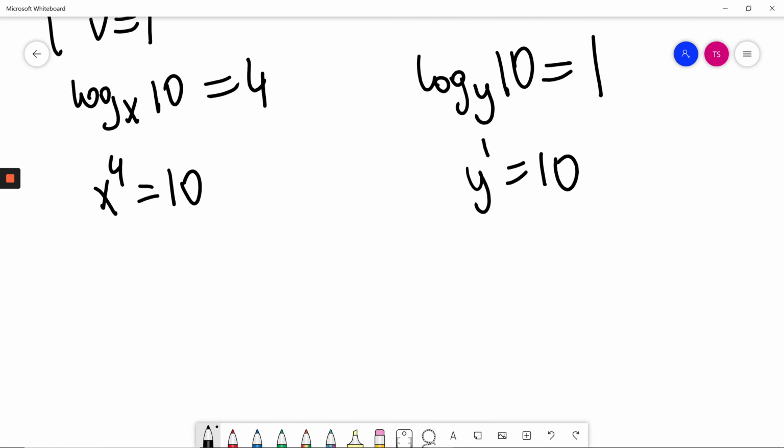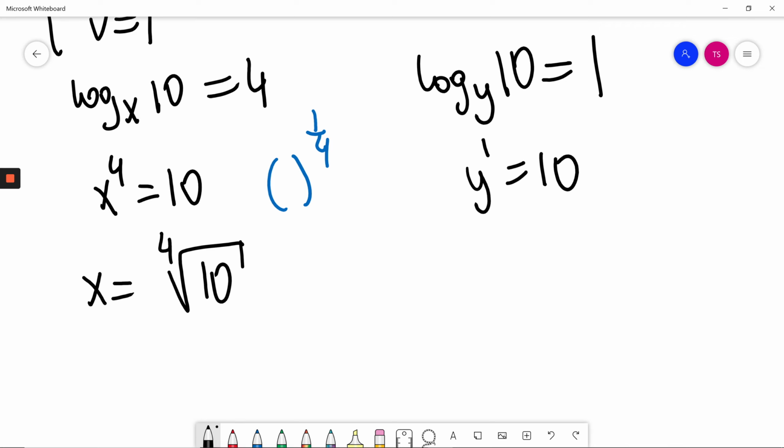X to the power of 4 is 10. I'll put both sides to the power of 1/4. So x will be equal to 10 to the power of 1/4. I'll write it as the 4th root of 10, only positive because of the domain, and y is just equal to 10.